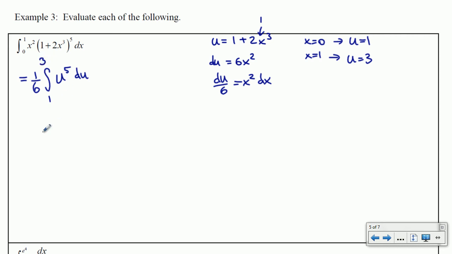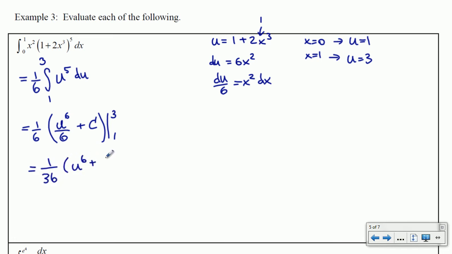And u to the 5th would have come from u to the 6 divided by 6 plus c, and we need to evaluate that from 1 to 3. So I could factor a 1 over 6 out from here, giving me 1 over 36 u to the 6 plus c. And again, if I factored a 1 over 6 out of this term, that would just give me another constant, and I can just call that c again.